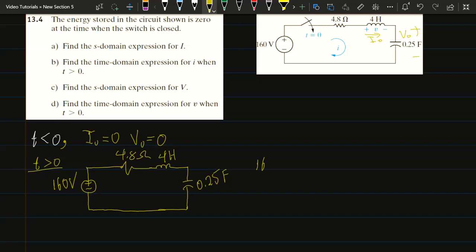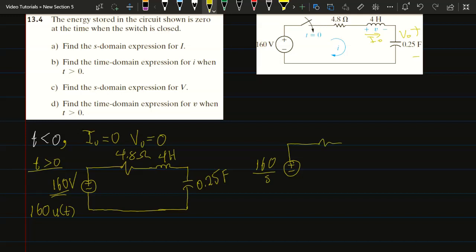So here I have 160 over S. This is the Laplace transform of the 160, because this is 160 now for t more than 0, so this is equal to 160 u of t. The Laplace transform of this is 160 over S.